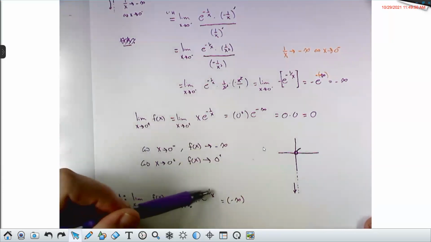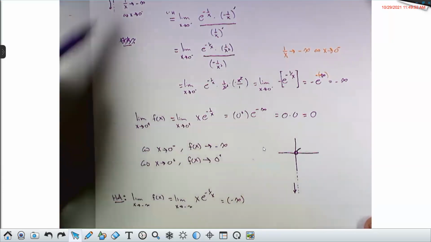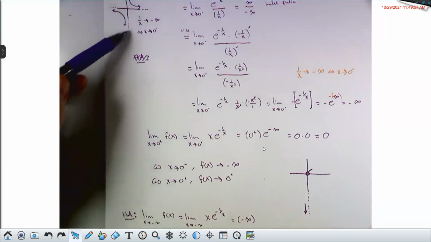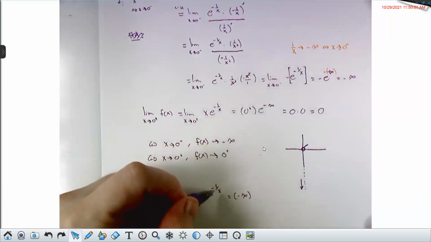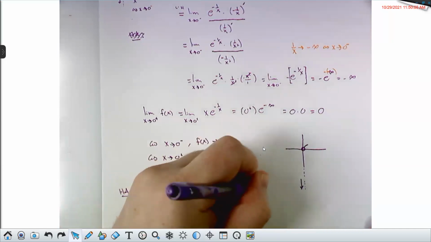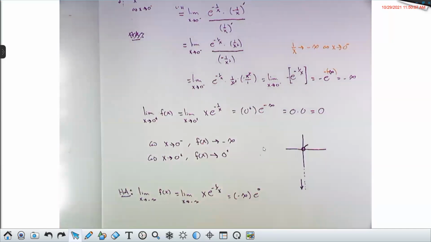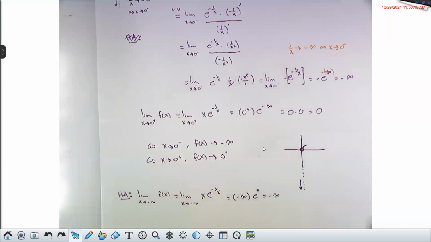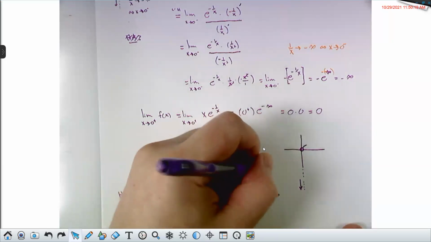And as x goes to negative infinity, 1 over x is going to 0 in a negative fashion, right? Again, just thinking about the graph of 1 over x. So this would be e to the negative 0 minus, or just e to the 0. So that's negative infinity times 1, which is negative infinity. So no horizontal asymptote on the left. As we go way out over here, we're just going down.